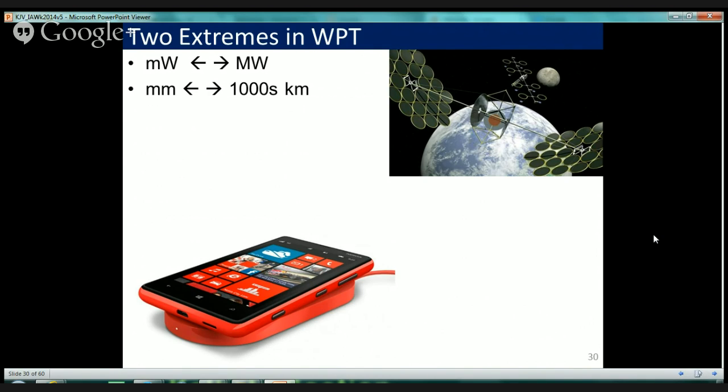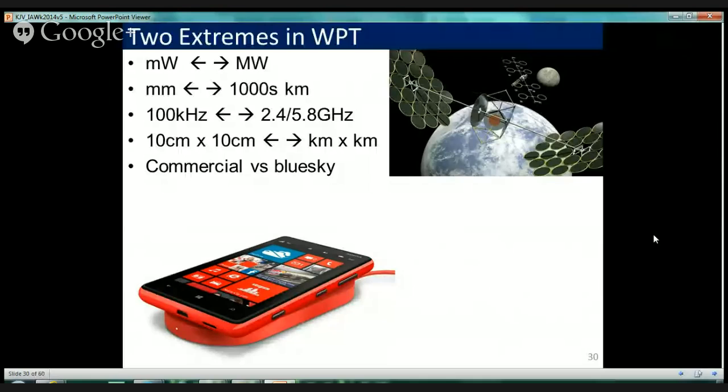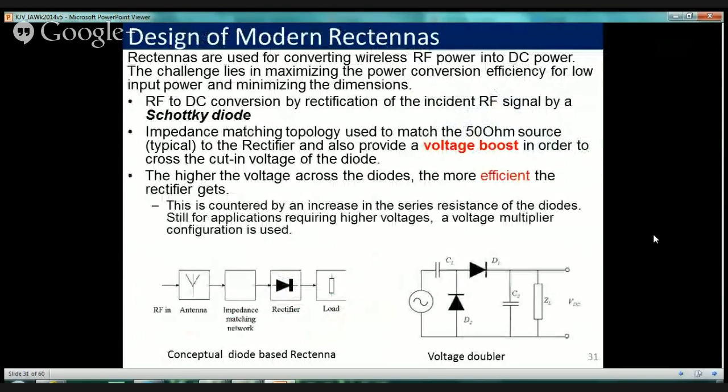In terms of frequency, or size, or even the applications, this is already a commercial thing, whereas this is still blue sky research primarily driven by Japanese agencies.